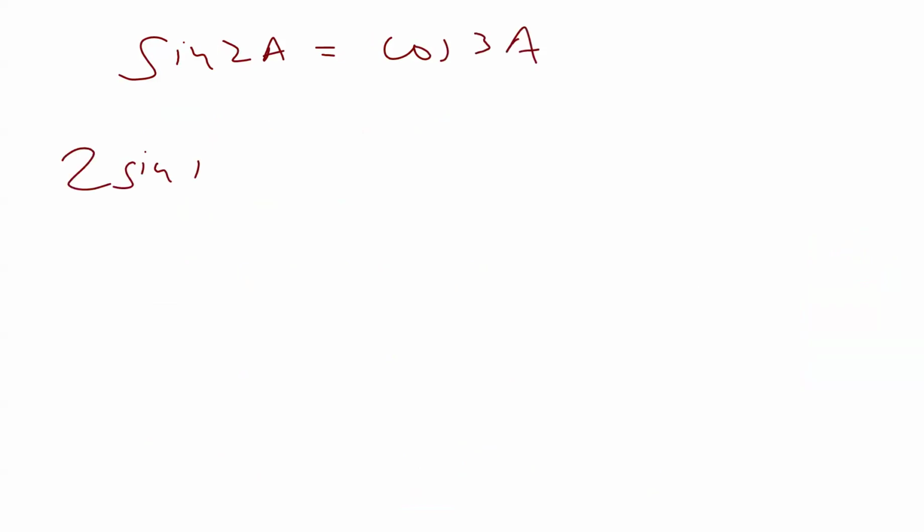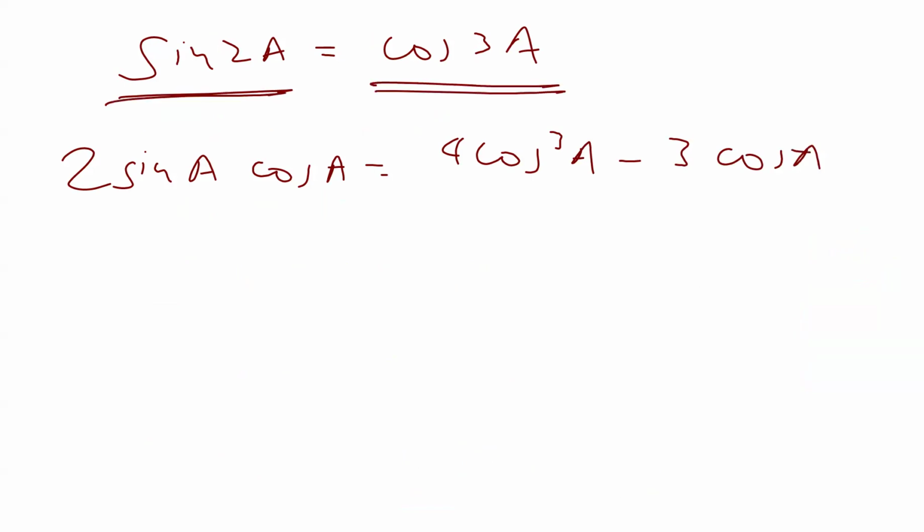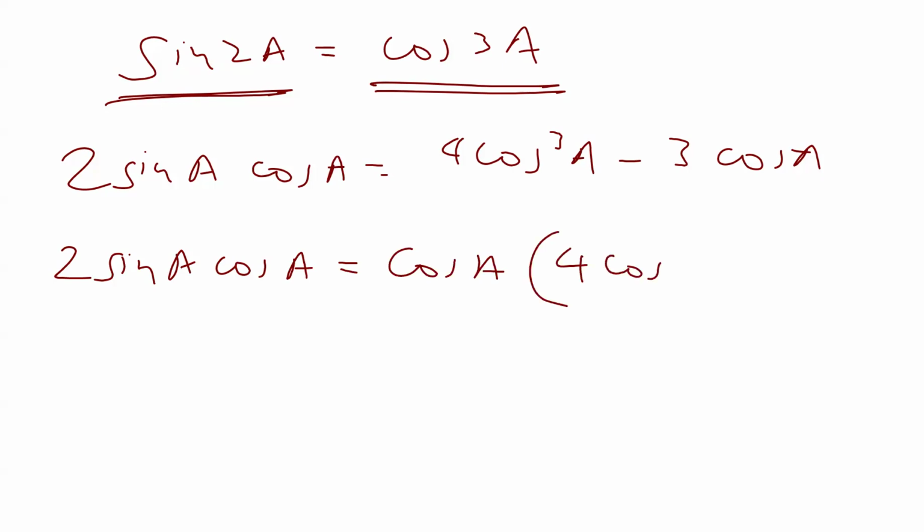Apply the formula: 2 sin A cos A is equal to 4 cos cube A minus 3 cos A. Half angle on the left hand side, triple angle on the right hand side. Something is common in the right hand side, cos A. So 4 cos square A minus 3, and cos A and cos A is gone.